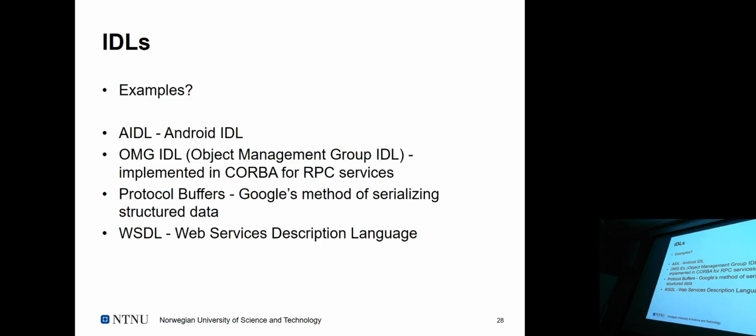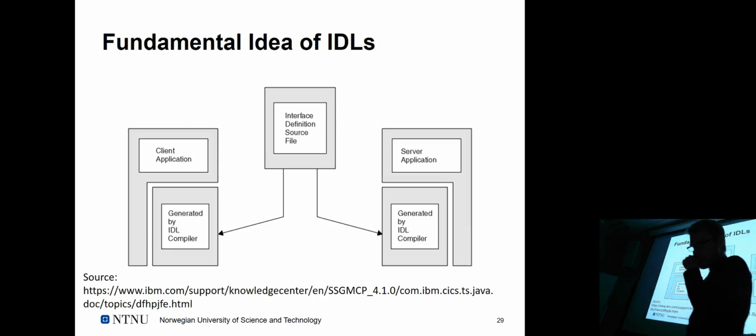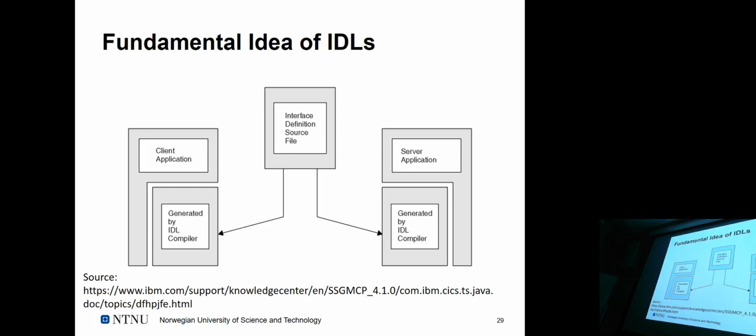But it's the same kind of approach. You basically abstractly define the layout of a message, including types and so on, right? For web services, we have the Web Service Description Language, which is probably still somewhat relevant to some extent. But there are various examples of IDLs out there.